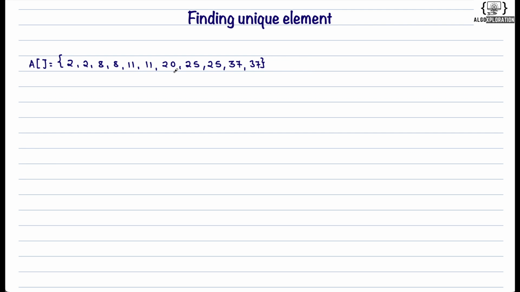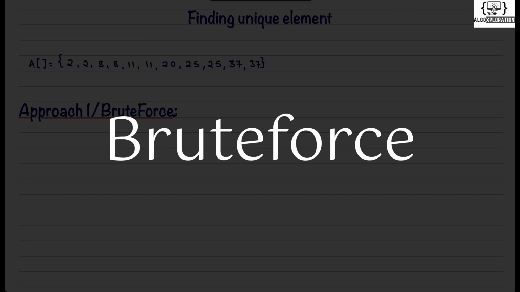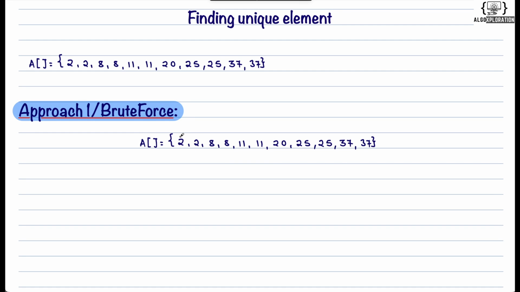Now the first and foremost approach will be the brute force. Here we can take this element and check whether that element is present in the array or not. If it is present, that means the value 2 is duplicate. If we take this element and try to check over here, we didn't find any element which is 20, so we can say that this element is unique.